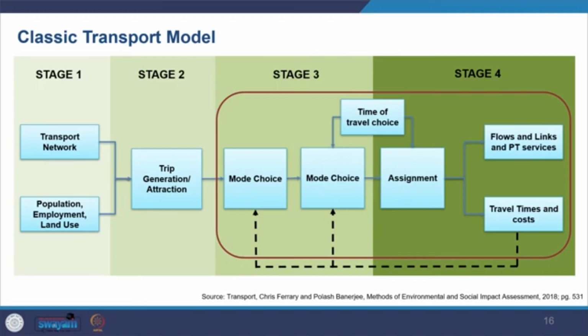And then in stage 4, you assign trips by mode, by which mode people will go. They will go by walking, cycling, their private vehicles, or public transportation. So when people are moving, you look at how many trips there are, but then you assign them mode-wise. That is the standardized way of handling a transportation planning project.